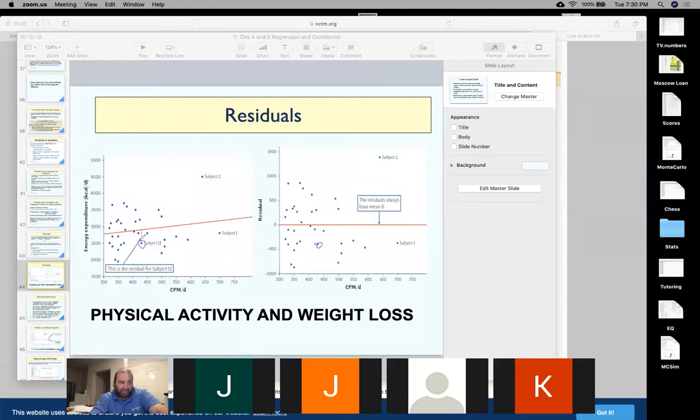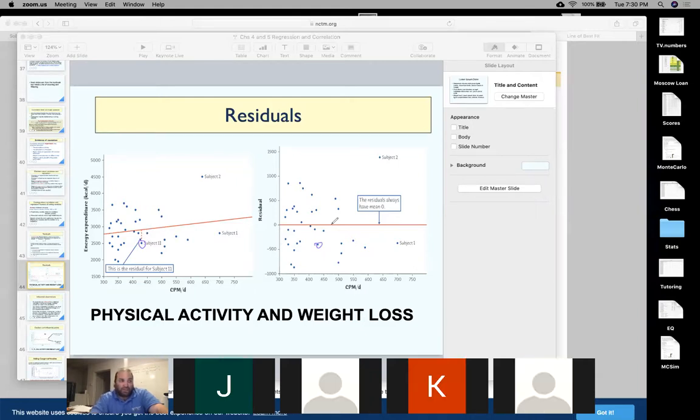But instead of plotting the actual data, I am plotting the value of the residual. The value of the residual is how far the actual value is from the line's predictive value. Does that make sense?